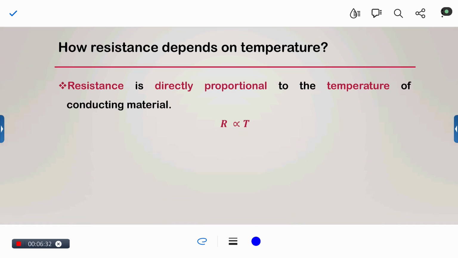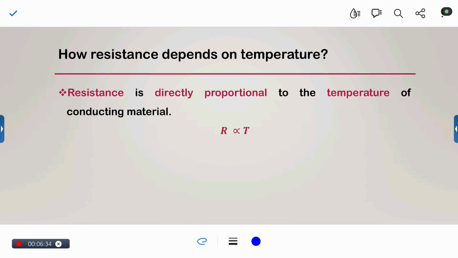Next one is how it depends upon the temperature. The resistance is directly proportional to the temperature of the conducting material. That means if temperature is high, resistance will be high. If temperature is low, resistance will be low. Let's take two wires.